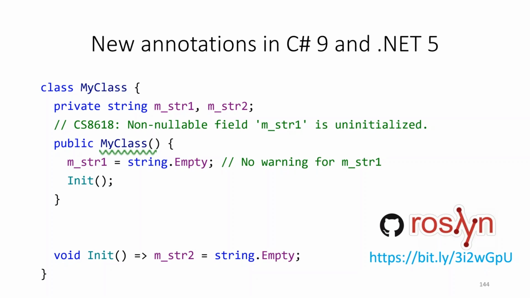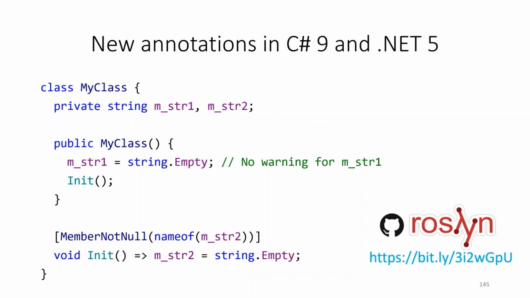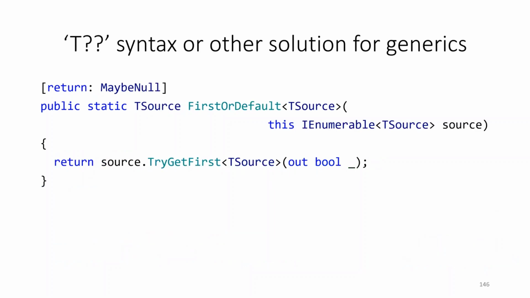So in this example, the compiler warns me about not properly initializing the second variable. And I can tell the compiler that it's fine by adding this annotation. And it will pick it up in the constructor and will realize that I actually initialized both fields. And it will also check that the Init method actually initializes the property it promised to initialize. So it will be very safe.